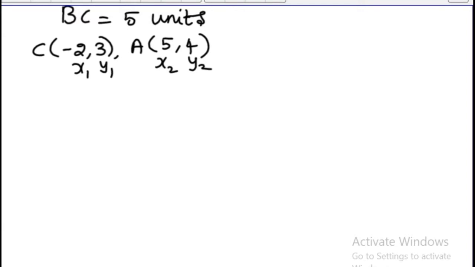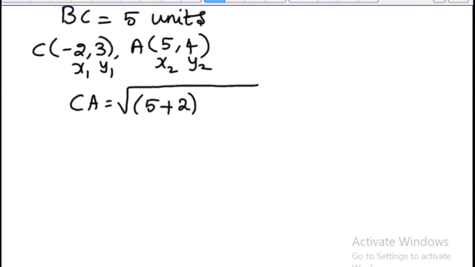Therefore, CA is equal to square root of x2, x2 is 5, formula minus the x1 is minus 2, so it becomes plus 2 whole square, plus y2 is 4 and y1 is 3 whole square.